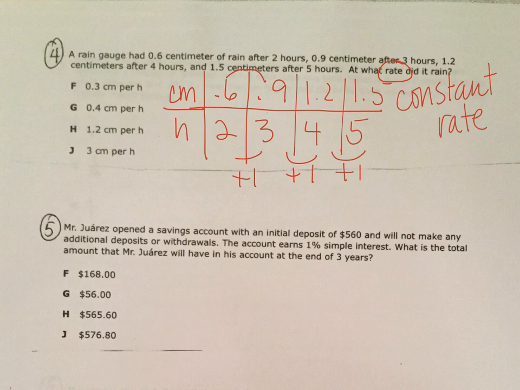These are increasing by +0.3, +0.3, +0.3. Okay, so this is constant. It's increasing the same amount every time. If you notice, your answer will be then F.